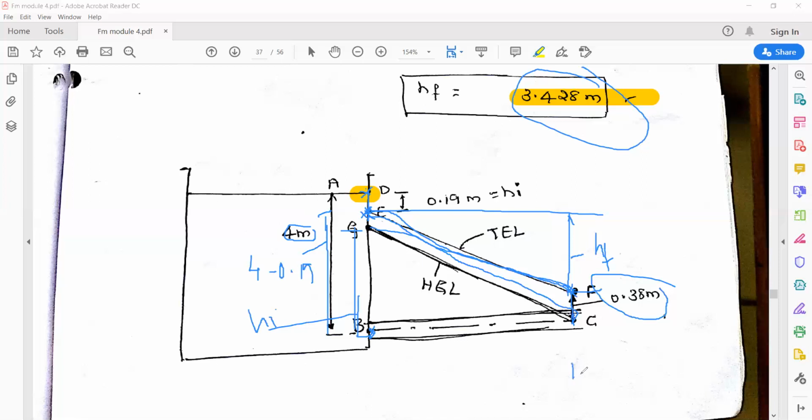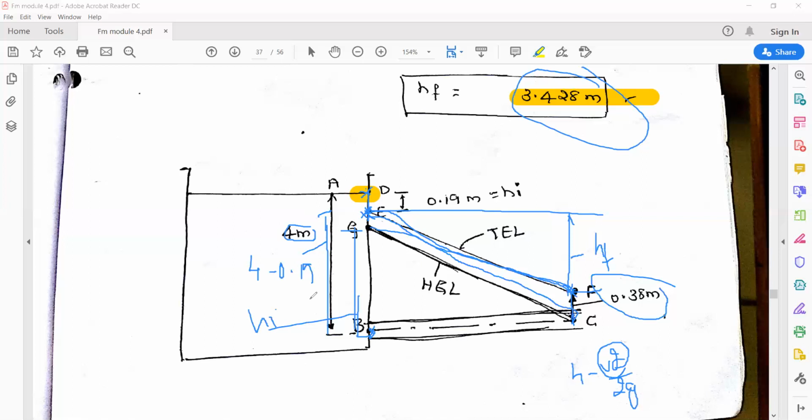So you need to do 4 minus v square by 2g. You need to subtract the velocity head. We already have calculated v square by 2g. If you substitute, you will get one value, right? 4 minus v square by 2g, so 3 point something you may get.